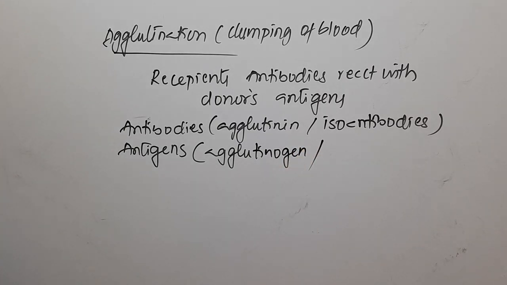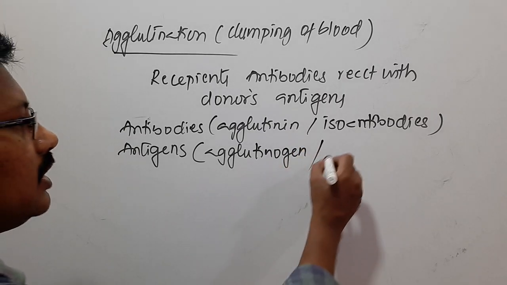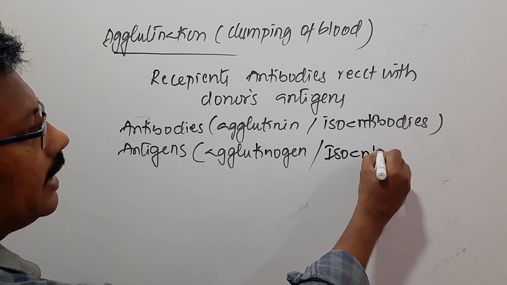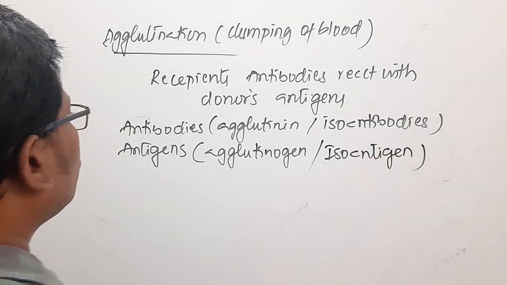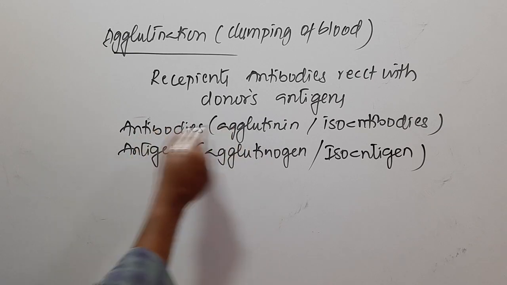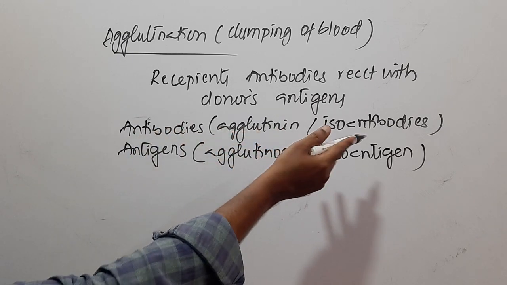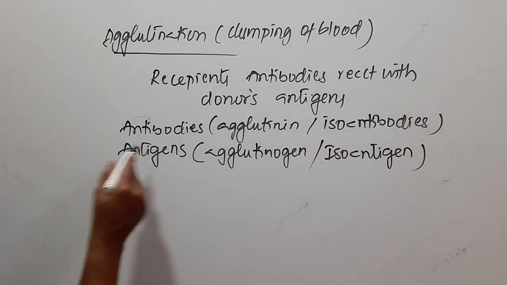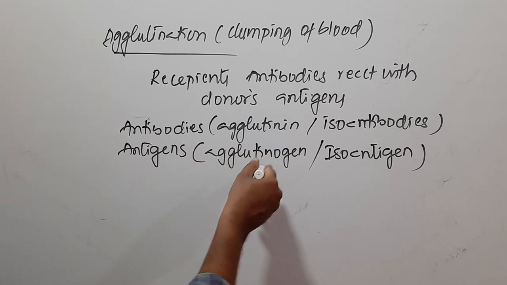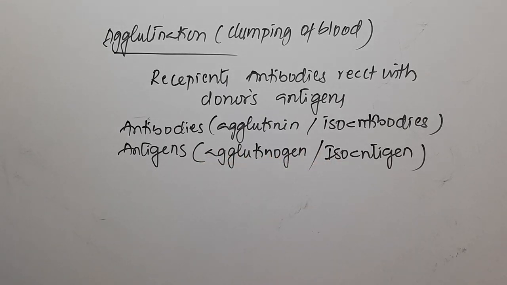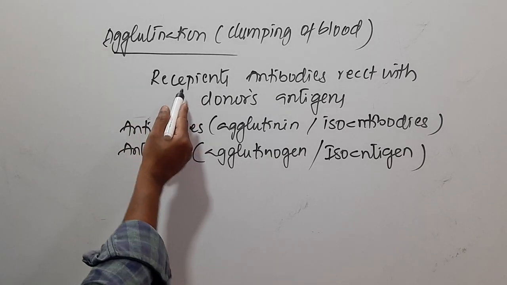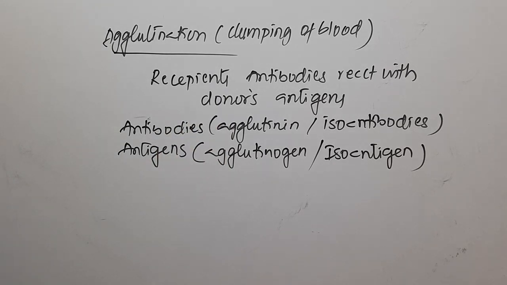Agglutinogen, or you can use another word, isoantigen. So other names for antibodies are agglutinin or isoantibodies. Another name for antigens is agglutinogen or isoantigen. So as I have mentioned here, the recipient's antibodies will react with the donor's antigens.